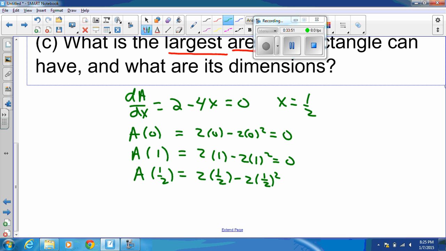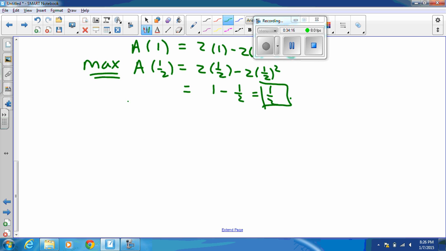And then finally, when I compute the area at 1/2, I get 2 times 1/2 minus 2 times 1/2 squared, which is 1 minus 1/2, or 1/2. Well, having found the absolute max, which is clearly the 1/2 right here, we now need to come back and answer the question. What is the largest area the rectangle can have? The largest area the rectangle can have is 1/2.